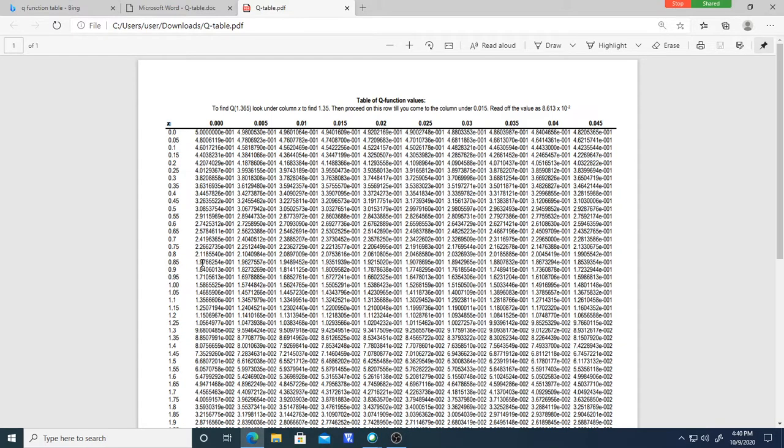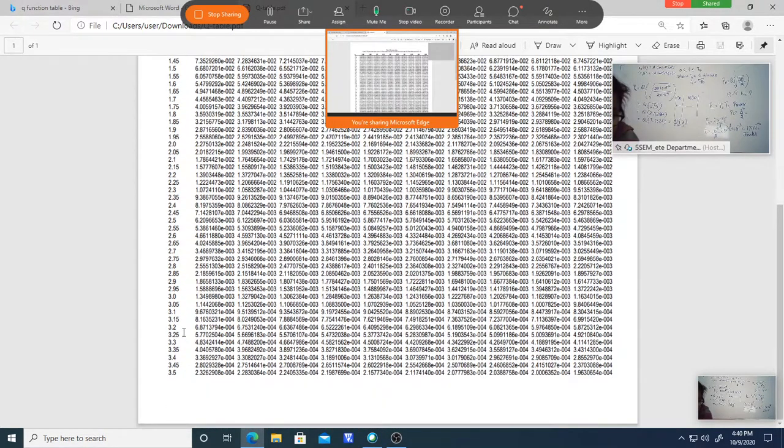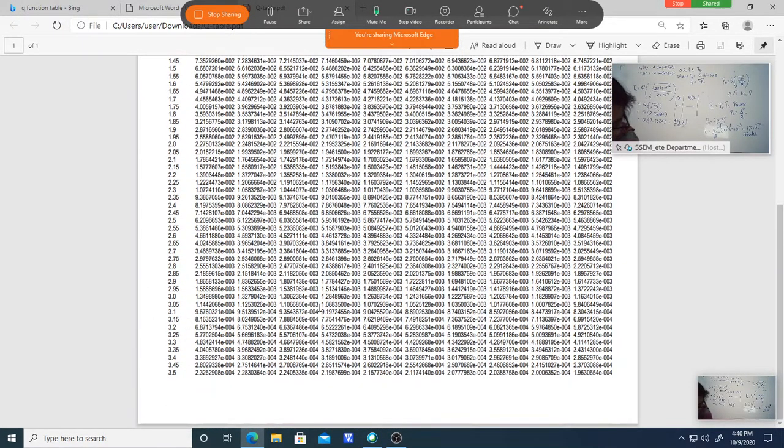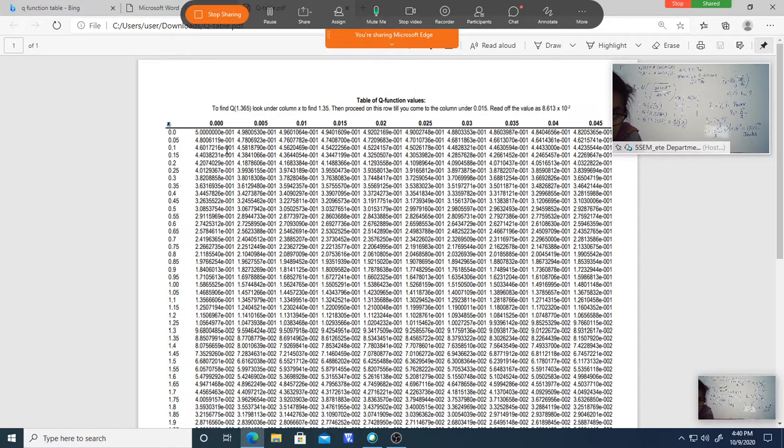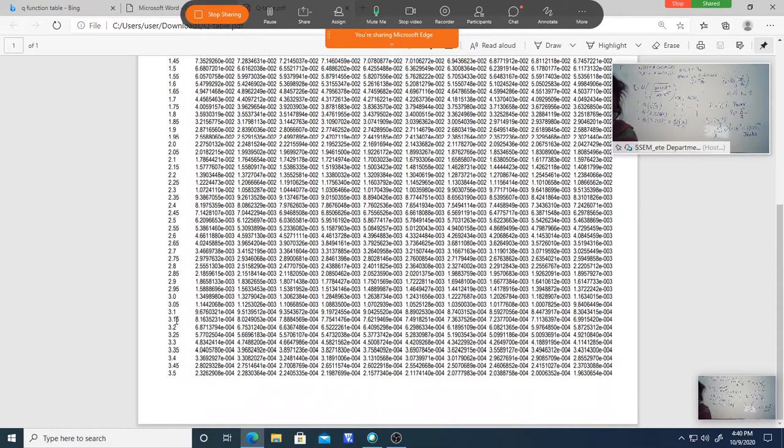First find out where that 3.16 nearing value is. For that nearing value you will see 3.15, right? Then in this column you will see the extra decimal values if you want to add. Now how much is 3.16? 0.001 difference is there.